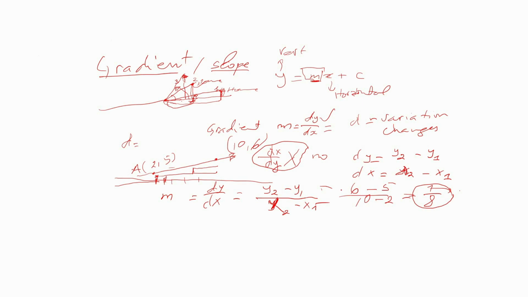The gradient of a line which passes through A and B will be 6 minus 5 over 10 minus what? Minus 2. And we get 1 over what? 1 over 8. What is the meaning of this 1 over 8?